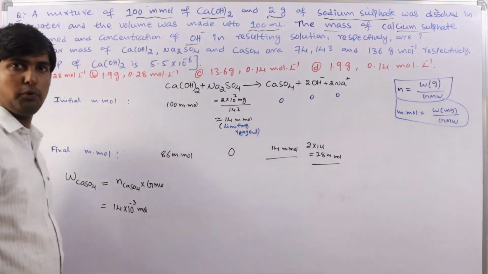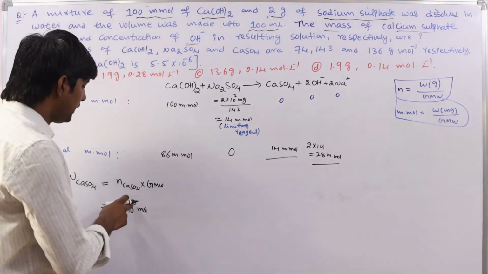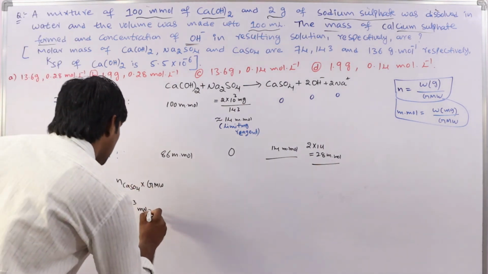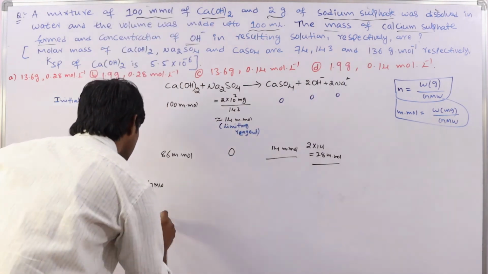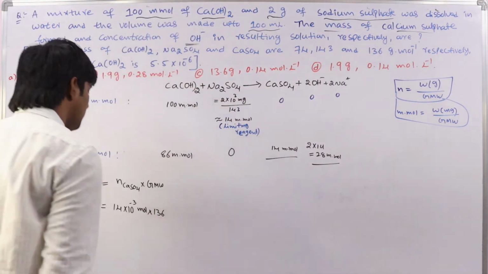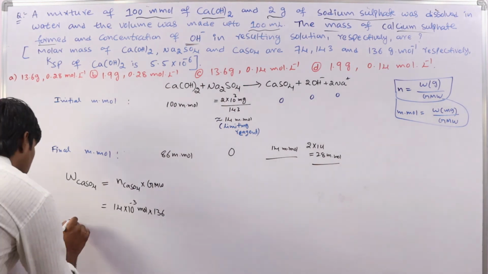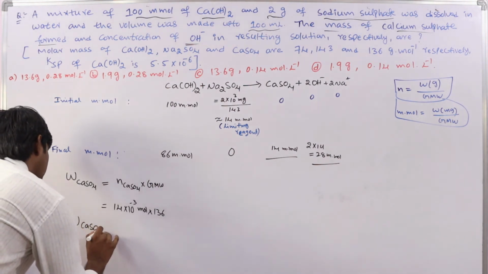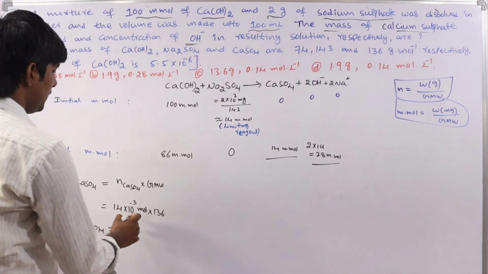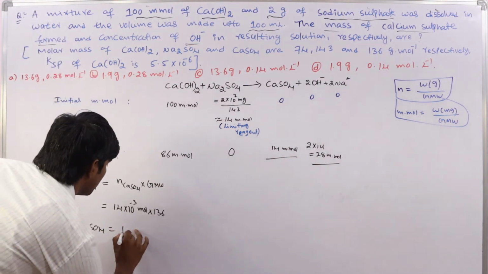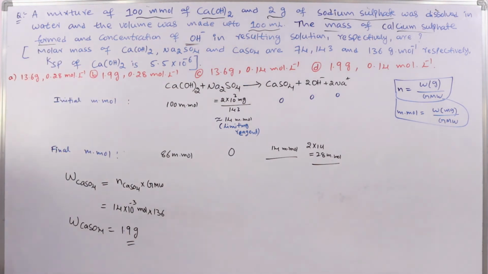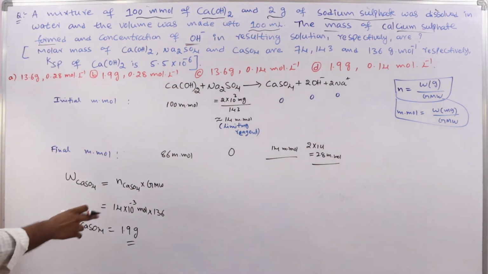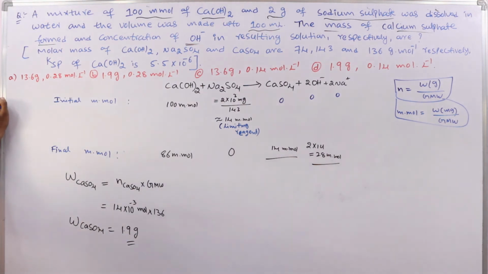To convert millimoles to moles, we multiply with 10 power minus 3. The gram molecular weight of calcium sulfate is given as 136. Therefore the weight of calcium sulfate we get is 1.9 grams after simplification.